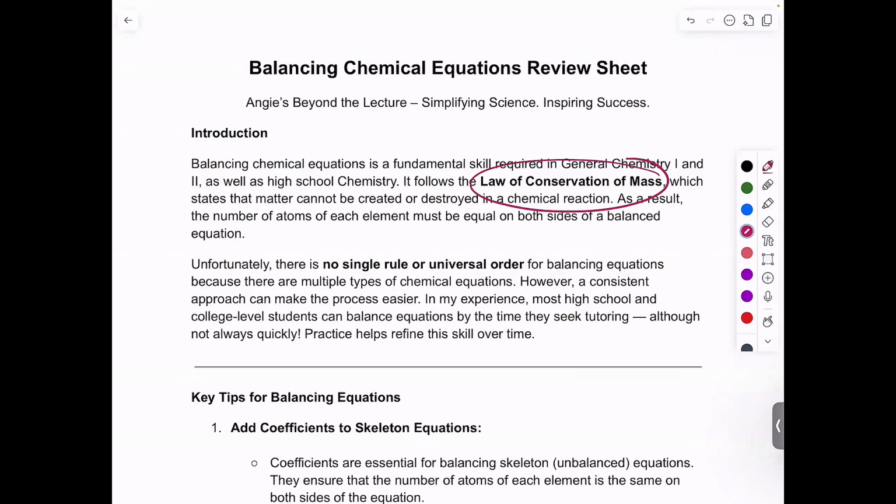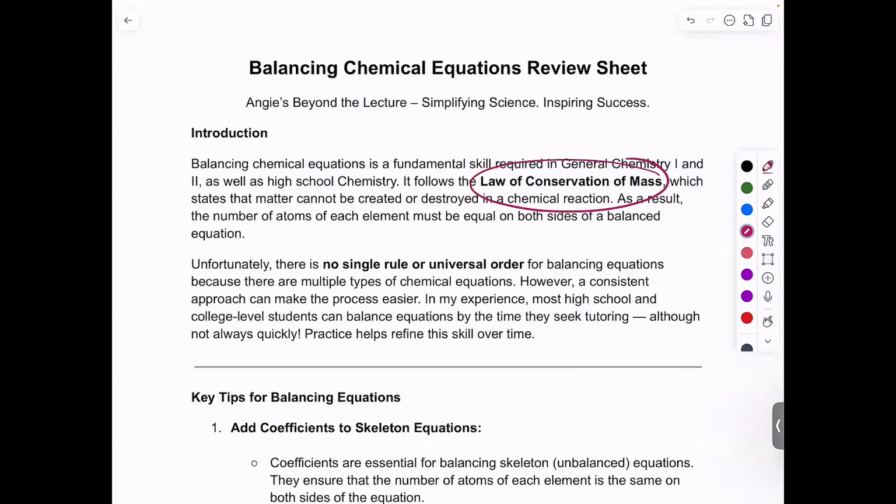I wish I could say that there's some universal order for balancing equations, and there really is not. Most students, and I should say also from experience, most students, by the time they get to me, have a pretty solid understanding of what needs to happen, right?